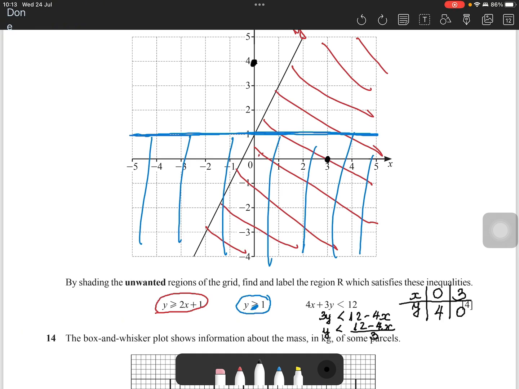Because there's no equal sign in this inequality, we need to draw a broken line. And we want y to be less than (12 minus 4x) over 3, so we need the lower part and we remove the upper part. So the answer for the region R is this one.